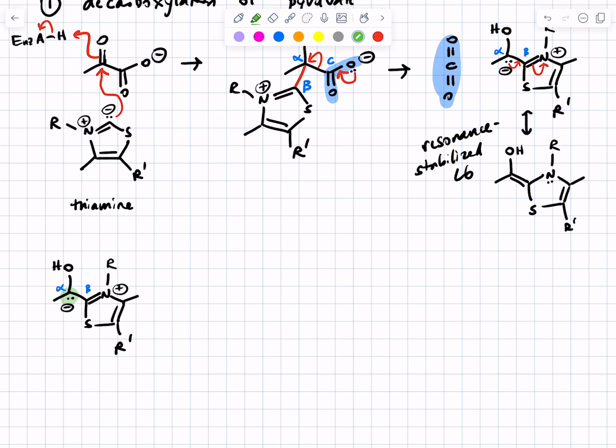The negative charge on what used to be my ketone carbon is going to attack one of the sulfurs, break the sulfur-sulfur bond, and then the other sulfur is going to leave, picking up a proton from some enzyme-linked acidic group.